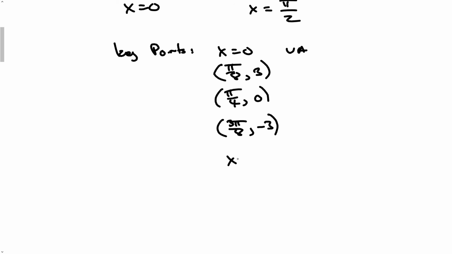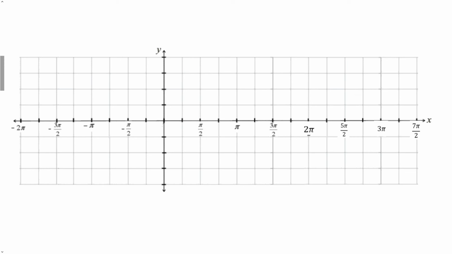And finally, x is equal to pi over 2, which is my second vertical asymptote. So this is a, that's the mid, and that's negative a, plus a d if there is any vertical shift.